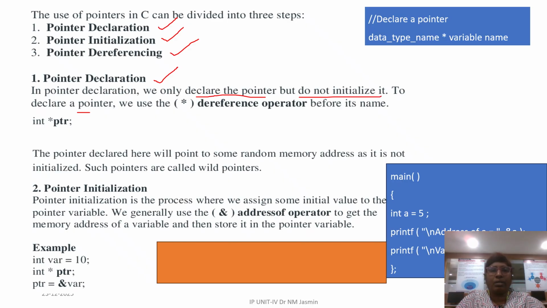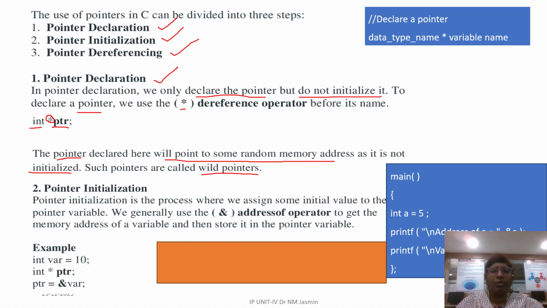To declare a pointer, we use the dereferencing operator before the name of the pointer, pointing towards the data type integer. This pointer will point to some random memory address, and since it is not initialized, we call it a wild pointer.